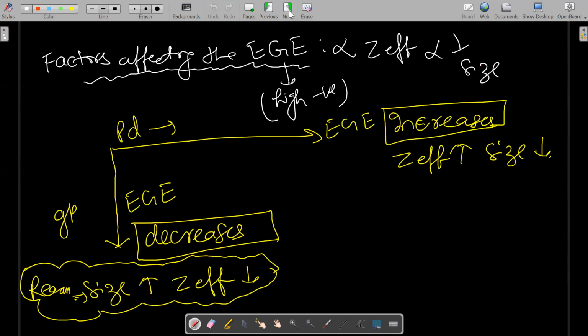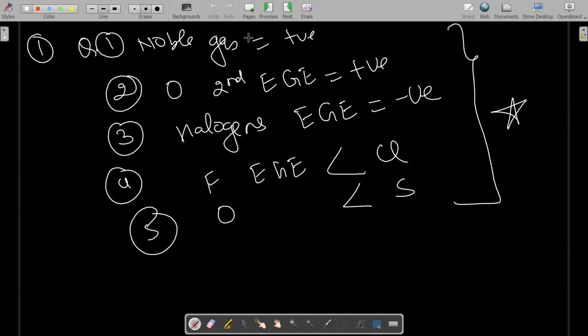Factors affecting: generally, we always discuss that electron gain enthalpy increases by increasing the effective nuclear charge and decreasing the size. This is the general trend which we have discussed. We have discussed down the group, and across the period we can better take the second period.